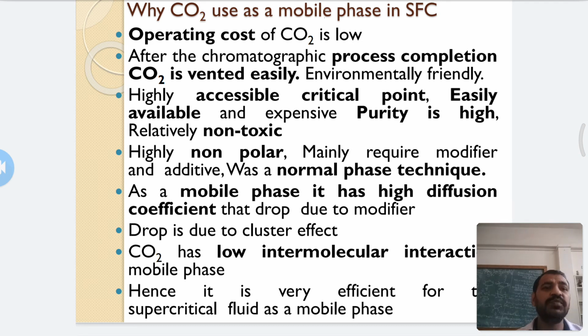This is the most important reason we use CO2. Next, its critical point is highly accessible, it is easily available and inexpensive, and its purity is high. Relatively, it is non-toxic.